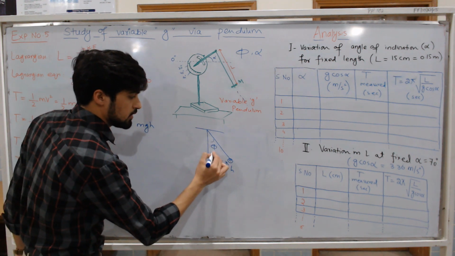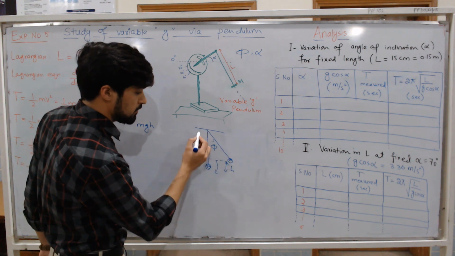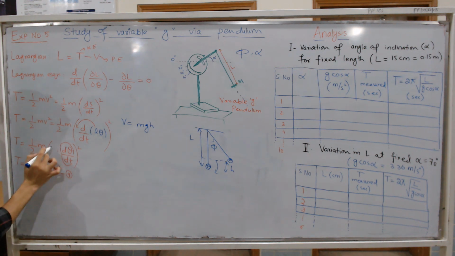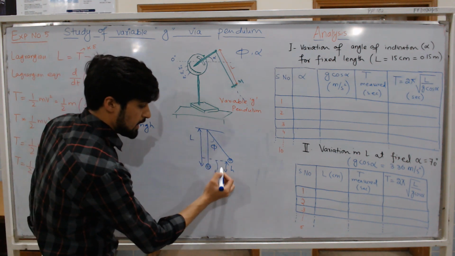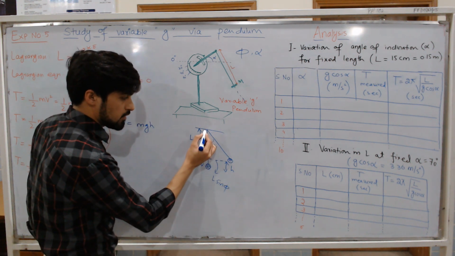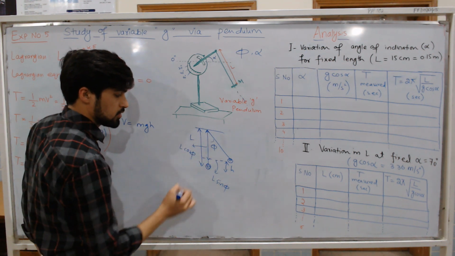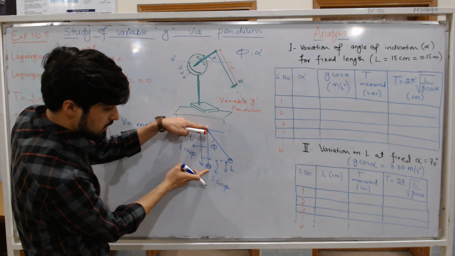This angle will be our phi, and the length of the pendulum is capital L. This h can be calculated from the components: the vertical component is L cos of phi, so h is equal to L minus L cos of phi.